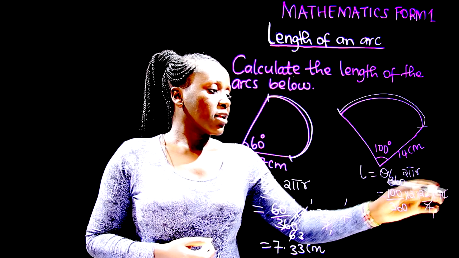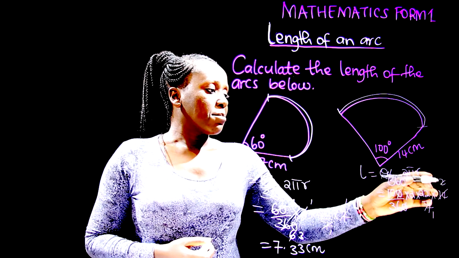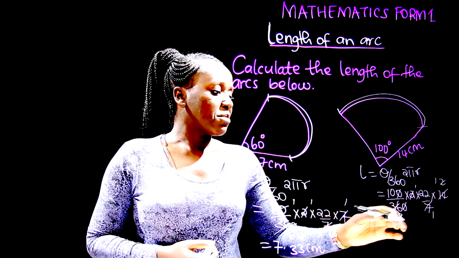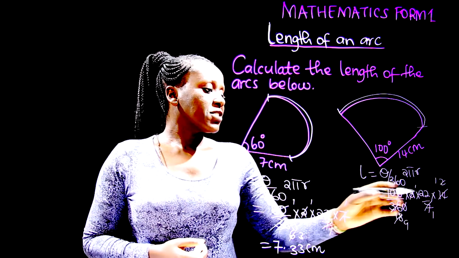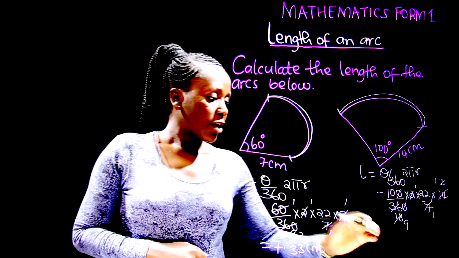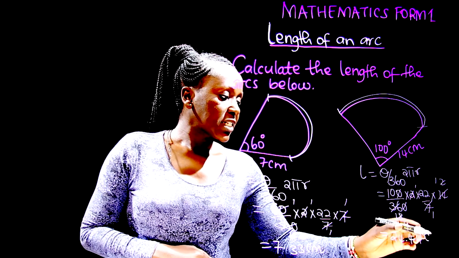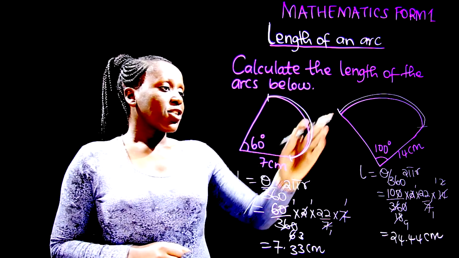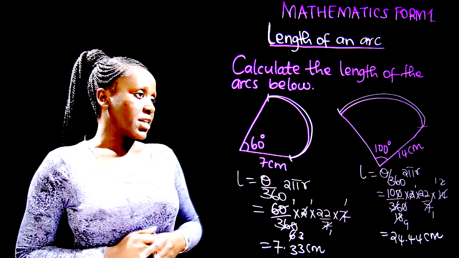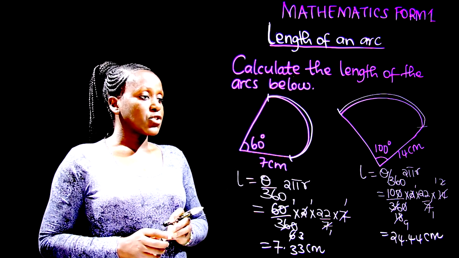So by 7, 1 by 7, 2; the zeros cancel out; by 2, 1 by 2, 18; by 2, 1 by 2, 9. So we have 10 times 22, which is 220, divided by 9, which is equal to 24.44 centimeters. So the length of this arc is 24.44 centimeters. So that is how you calculate the length of an arc, students.